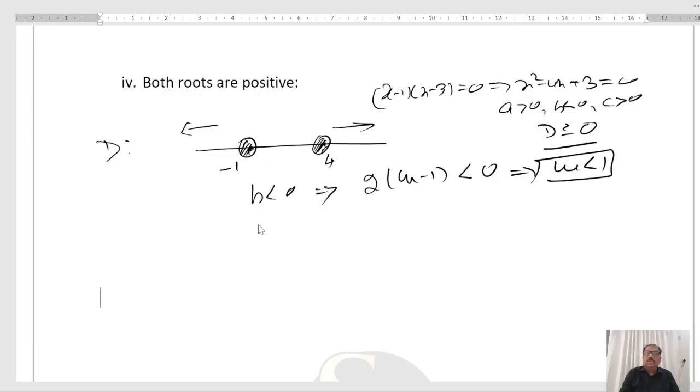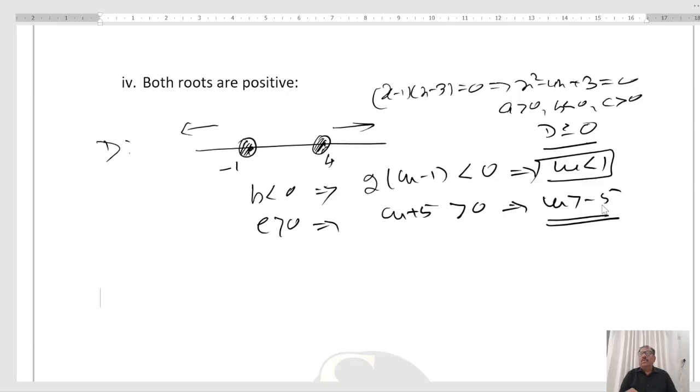Right? Or c should be greater than 0, so m plus 5 should be greater than 0, m should be greater than minus 5.